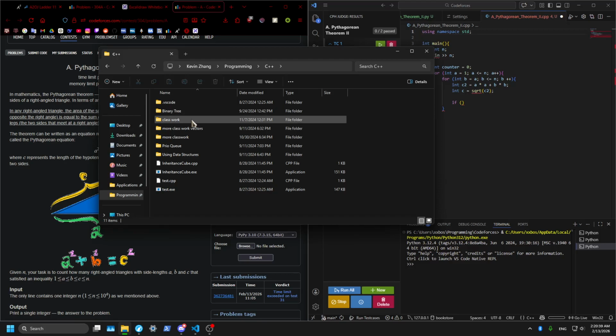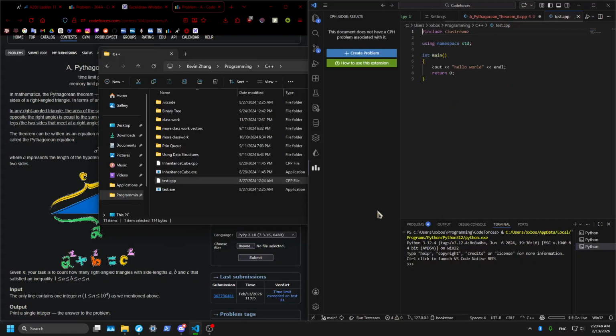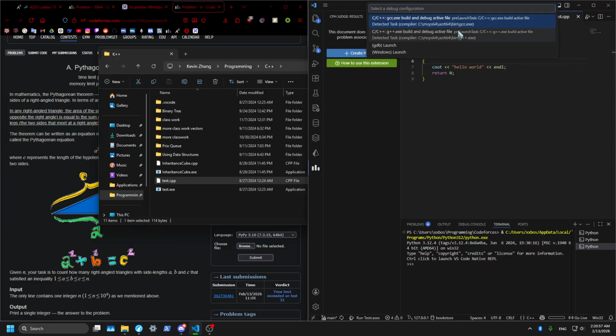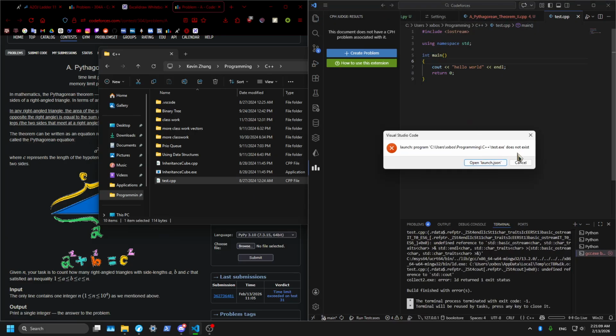Classwork, priority queue, test.cpp. I don't know what the difference is. GCC. It's over.